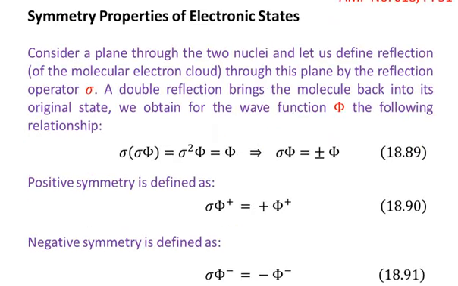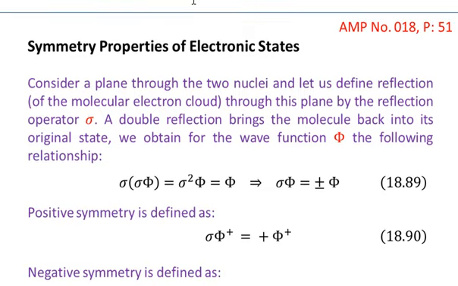So now I am talking about that plane. Consider a plane through the two nuclei and let us define the reflection of the molecular electron cloud through this plane by the reflection operator sigma. A double reflection brings the molecule back into its original state. We obtain the wave function phi.